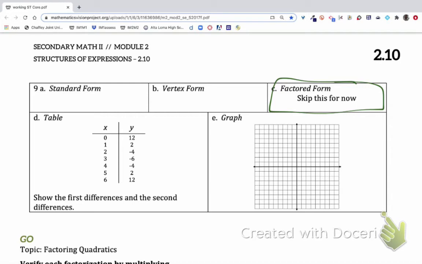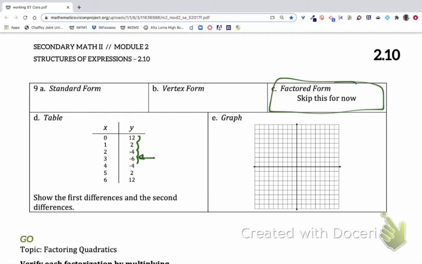But one thing you can do here is identify it's going 12 to 2, 2 to 4, 4 to -4 to -6, -6 to -4. So right here, we're going to assume that this is where the graph turns. This is where the parabola is going to change direction, which means that this is where my vertex will be. So just keep that in mind as you go through it.